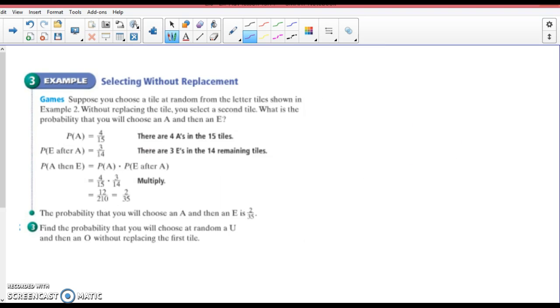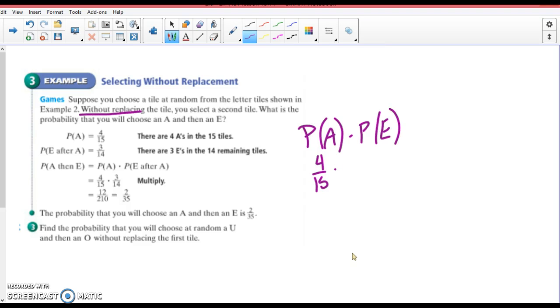All right. Last example. Suppose you choose a tile at random from the tiles shown in example 2 without replacing. So you are not going to put it back. What is the probability that you get an A and then an E? Well, probability of getting an A is still 4 out of 15.